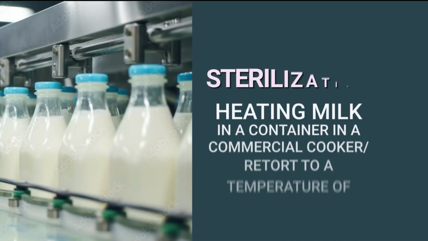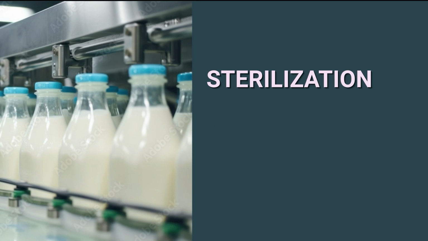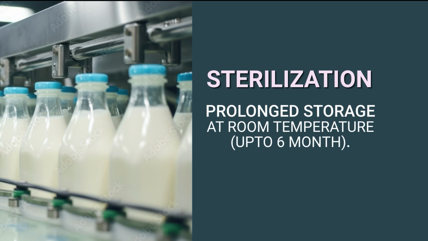Then the sterilization process. It is a type of sterilization process where we heat the milk up to 110 to 130 degrees centigrade, to kill practically all the microbial activity, so that it is sterilized.